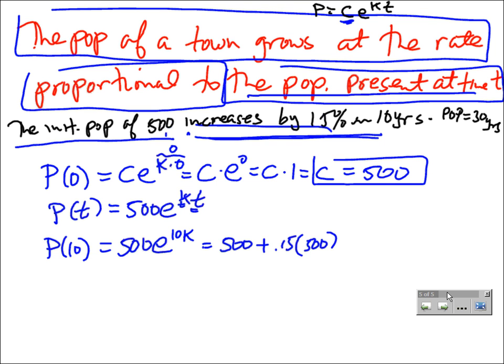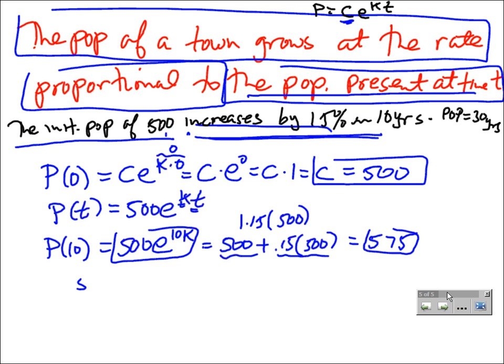Or, how I like to do it, you have 1.15 times 500. However you do it, this is 75 plus 500. That is, you should get 575. So this is equal to that. 500 e to the 10k is equal to 575.